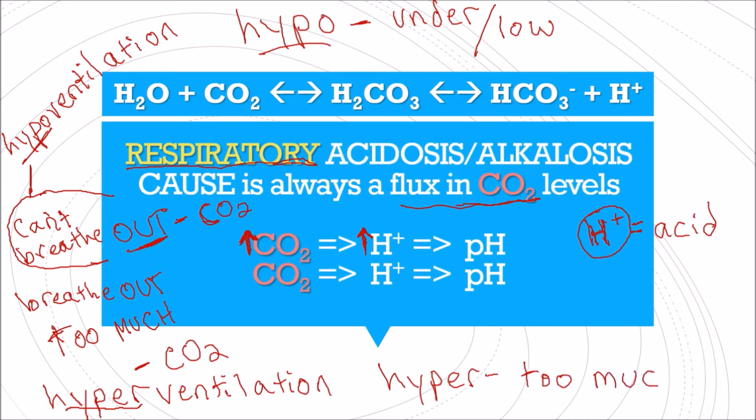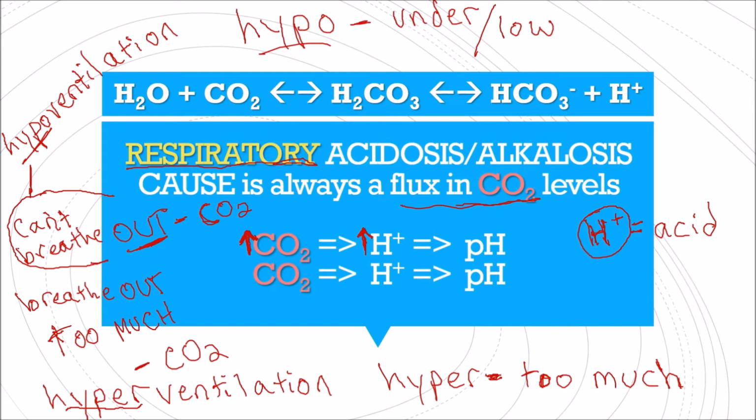Just like if you're hyperactive, you're too jittery, you have too much energy. So hyperventilation, you're breathing too much. I think we all know what hyperventilation is, when you're going back and forth breathing too much for some reason. And that's when you start to get dizzy. It's because you're getting rid of too much carbon dioxide.